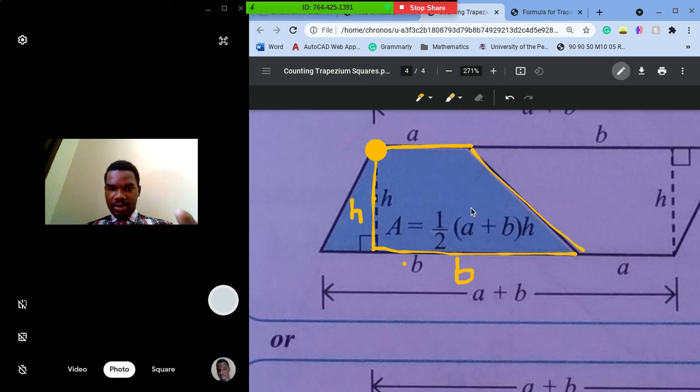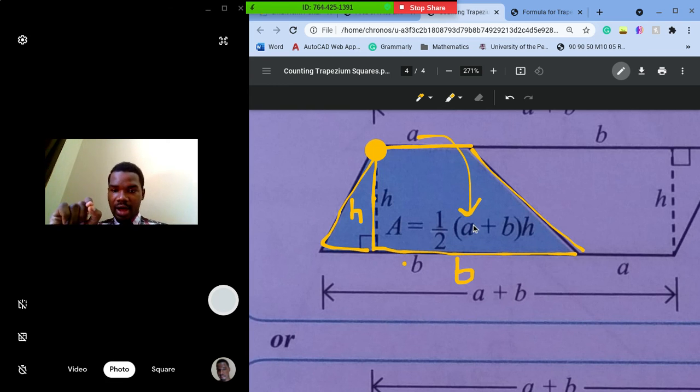That would be the formula for a trapezium, based on the simple fact that we have a new distance that goes across. So that's why we have a half a plus b times the height. Does everybody understand how we got the formula?